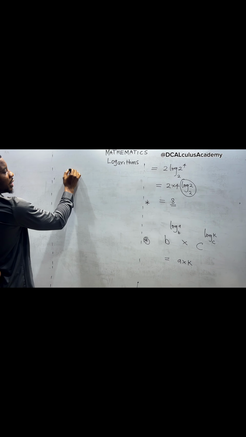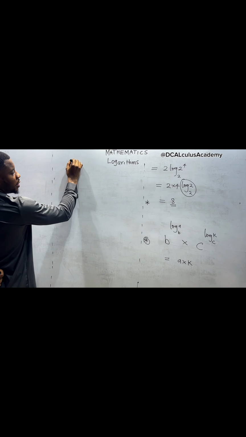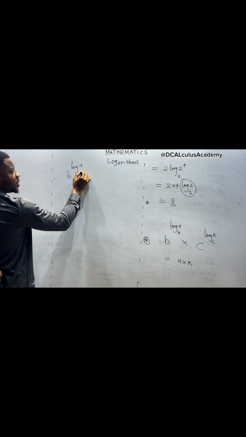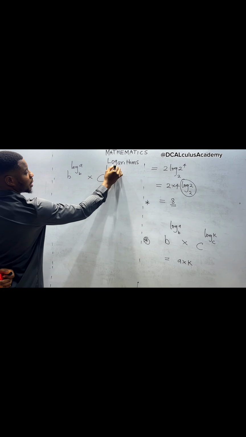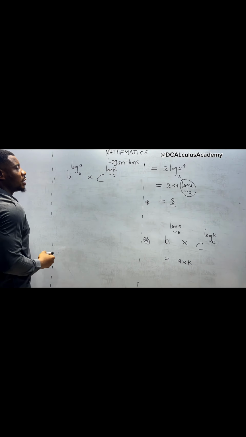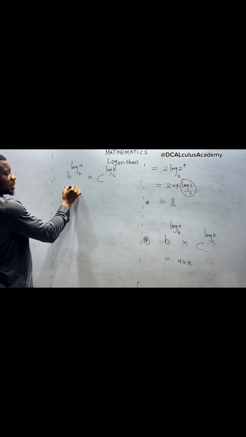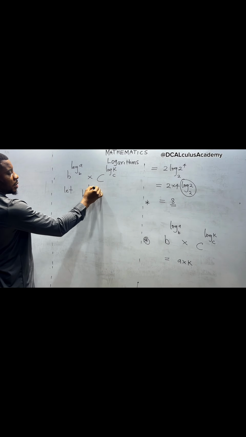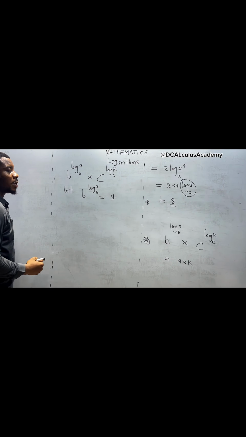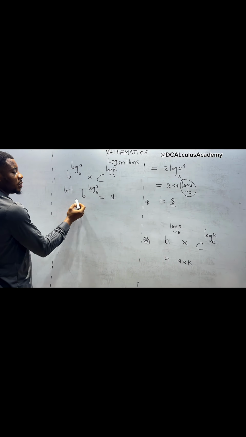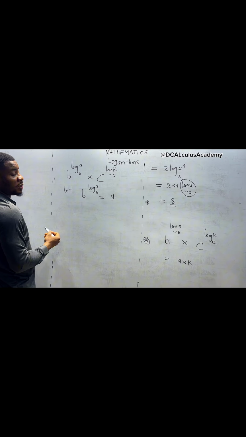Now I'll say we have b raised to power log a base b multiplied by c raised to power log k base c. Let's say b raised to power log a base b is equal to y. So let's take the log of both sides. Since what we have is base b, let's take log to base b of both sides.